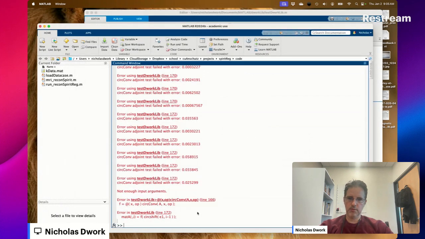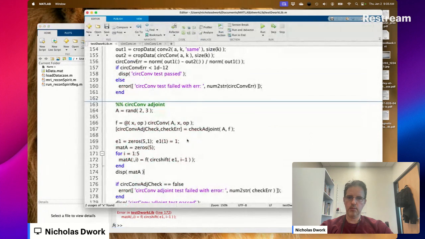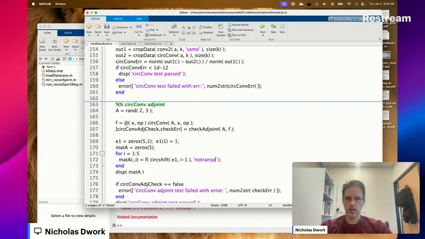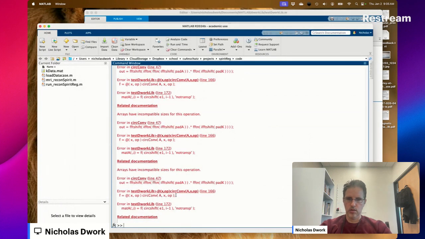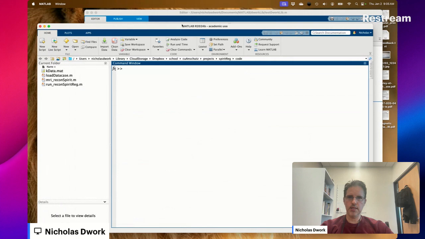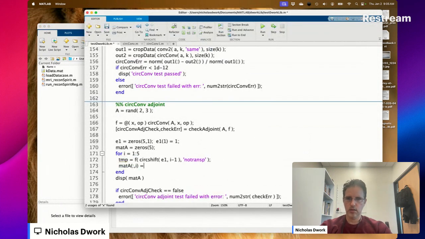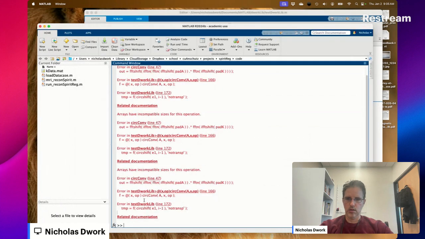What's the problem? Not enough input arguments. Arrays having compatible sizes.